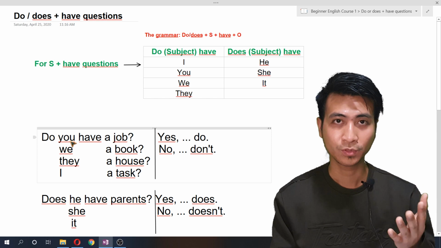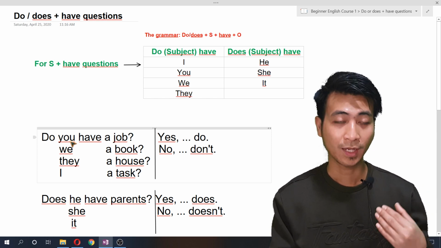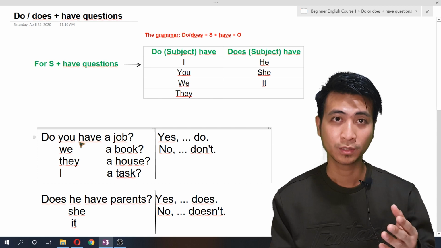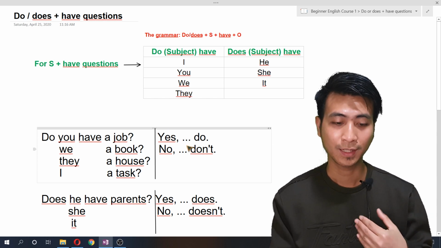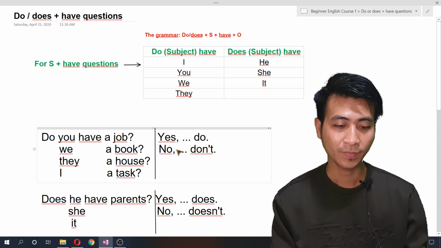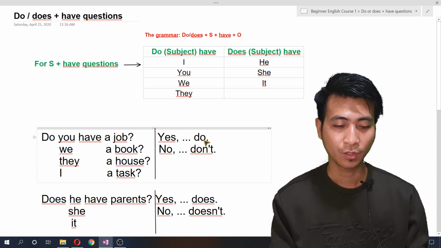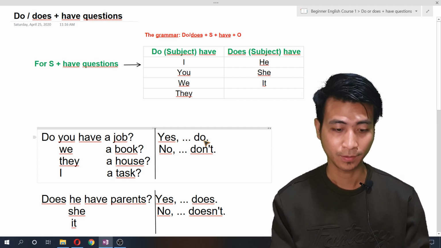Do you have a job? The question is asking you about your job. So you have to answer yes, I do. And if no, no, I don't. We also use do again in the answer section.